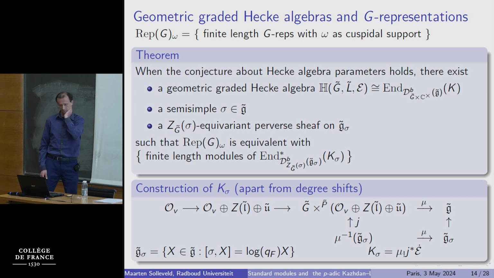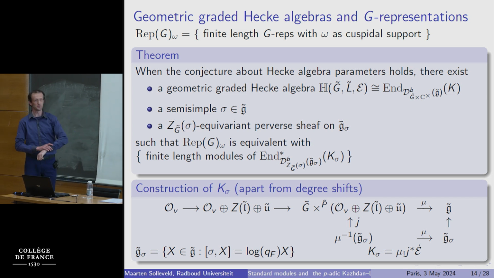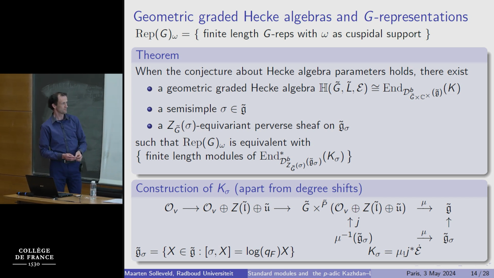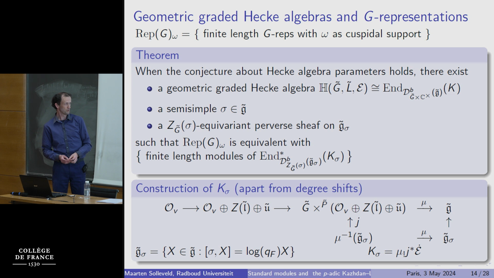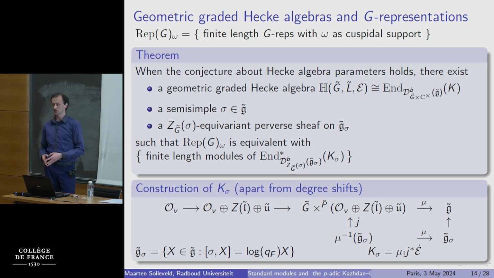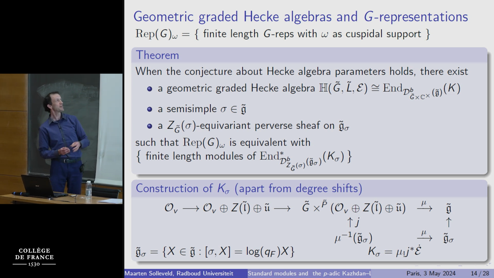So this is a variation on the previous thing. But again, this complex of sheaves K sigma is obtained from the data that you put into it, a cuspidal local system and some semi-simple parameter, via some version of parabolic induction. This is how I like to view it.